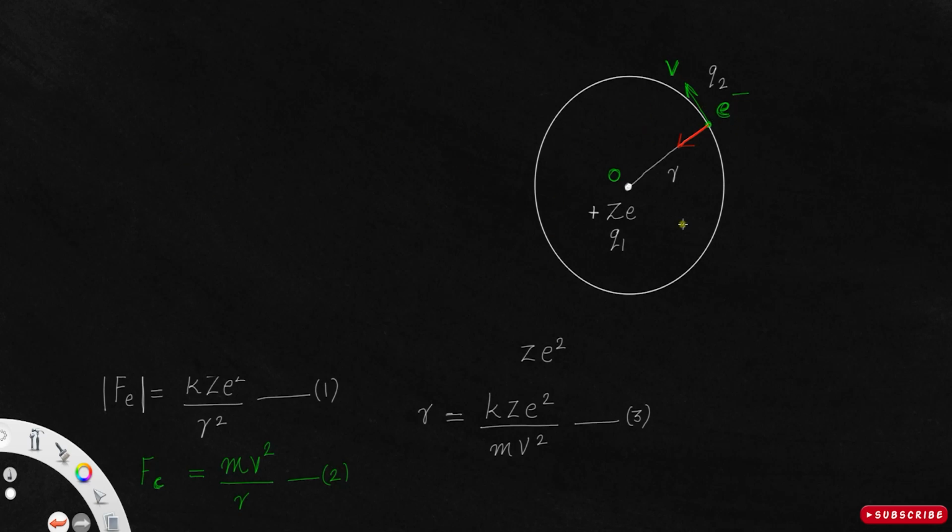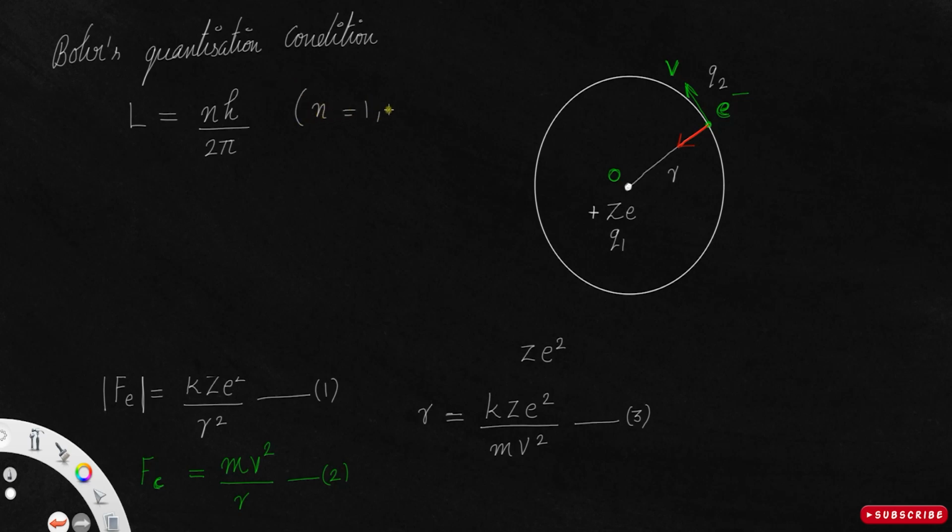So the condition for a stationary orbit, or we can say Bohr's quantization condition, is that the angular momentum must be an integral multiple of h by 2 pi, or you can write L equal to nh by 2 pi, where L is the angular momentum. n can be 1, 2, 3, etc., depending upon the orbit.